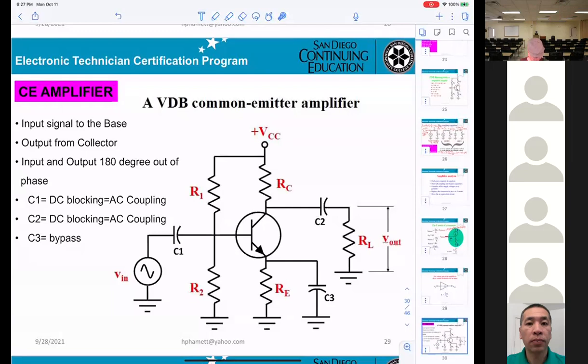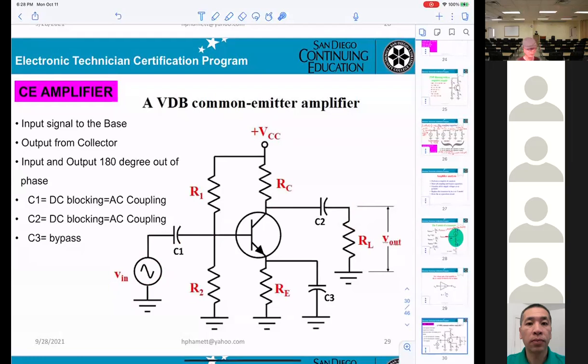If you're looking at the circuitry, first, the input voltage right here will be applied to the base. That is the input applied to the base. The output here will be coming out from the collector.